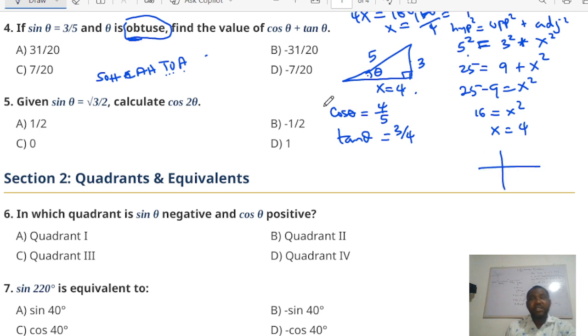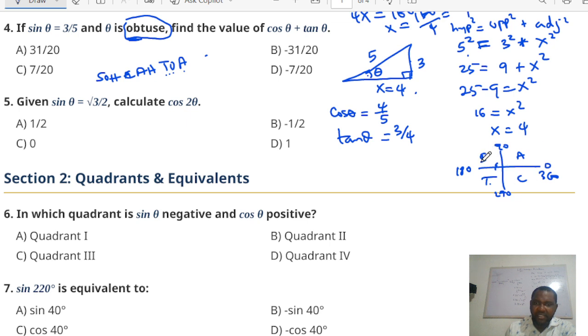Obtuse angles are angles that are greater than 90 and less than 180, meaning that they belong to the second quadrant. I'm going to be explaining quadrants as we continue. In your quadrant, this is 270, this is 360, this is where the angle is. And we use All Silly Tomcat, or you say CAST, or you say ACTS, any of them.